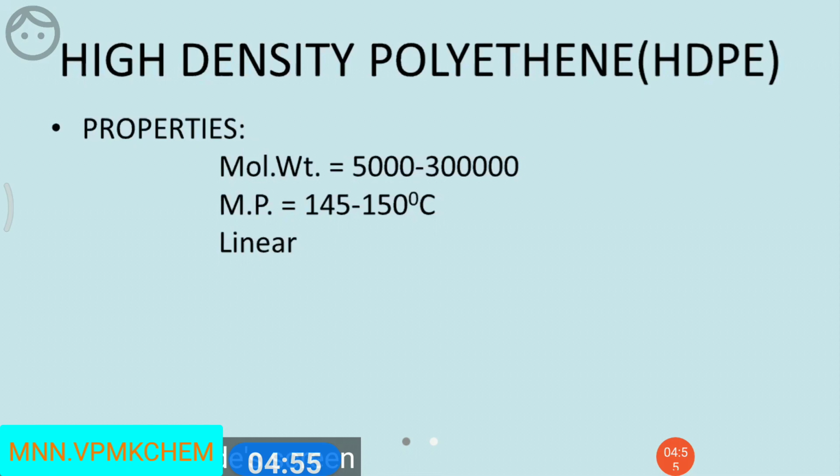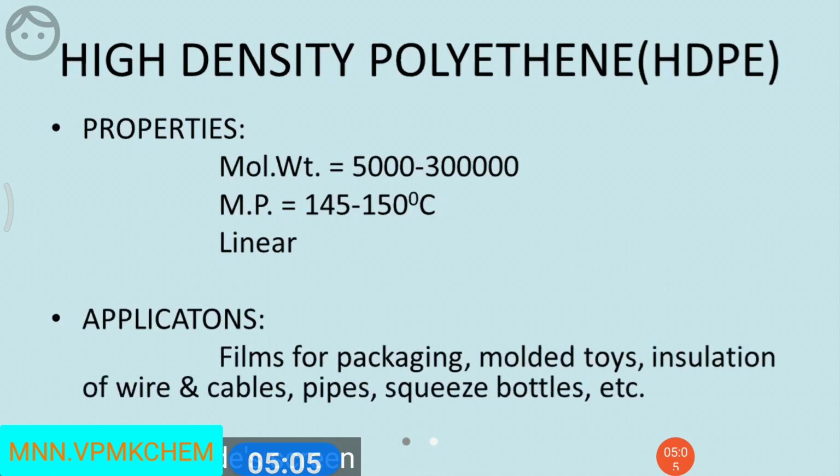It is a linear polymer, so packing of these chains is very efficient, and the density is higher. When we talk about application, it is used for films, for packaging, for making molded toys, insulation of wires and cables, for pipes, for the preparation of squeeze bottles, etc.